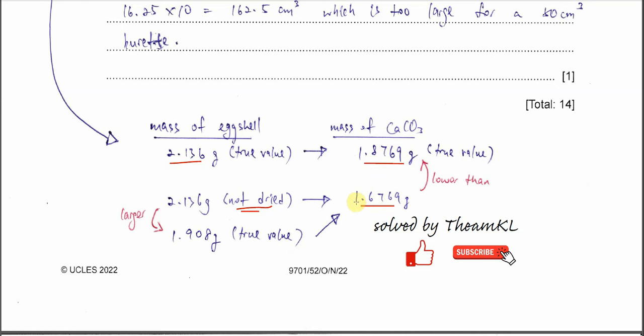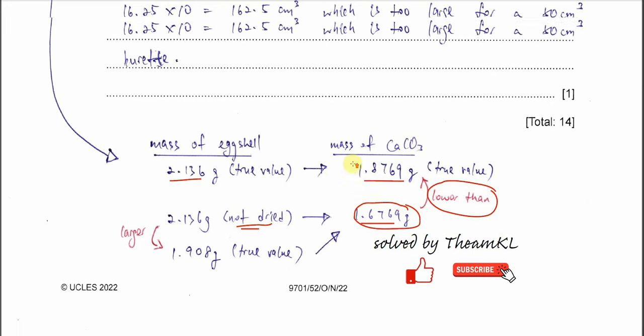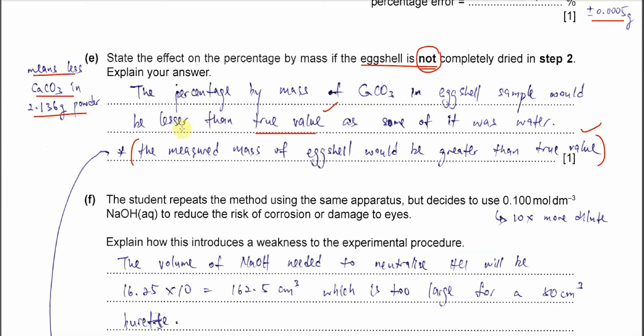For example, let's say the lower value we get is 1.6769 gram. So we know that the mass of calcium carbonate we get from this eggshell that is not dry is lower than the true value. That's why we get the first statement, lesser than the true value of the calcium carbonate.